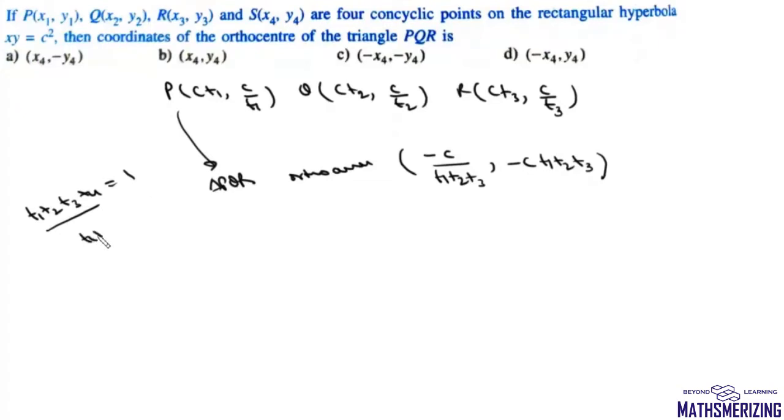So from here we can write T1, T2, T3 as 1 upon T4. So this orthocenter will be minus CT4, minus C upon T4. Minus CT4 is minus X4, and this is minus Y4, and that's your option number C.